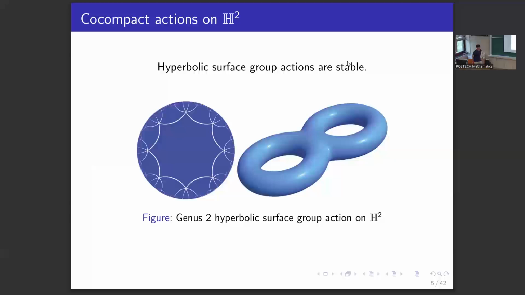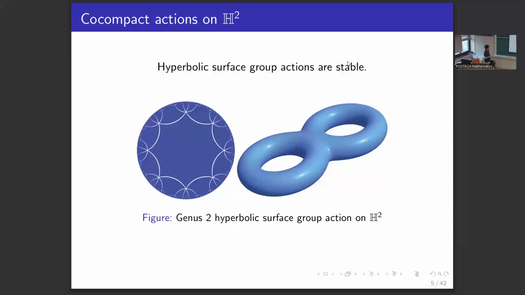Let me start with a simple example. Here is the hyperbolic surface group action. By using some discrete group of PSL2R, you can find a discrete group that gives rise to a hyperbolic surface, like this.